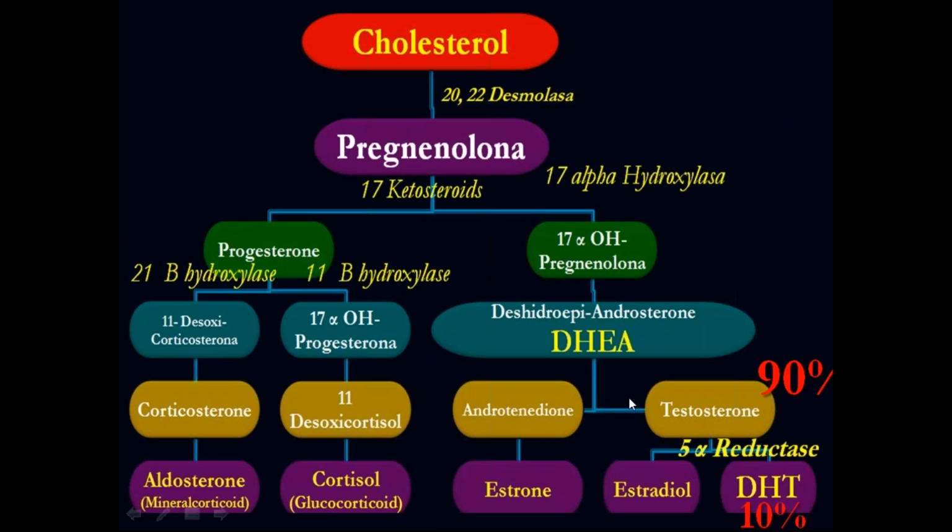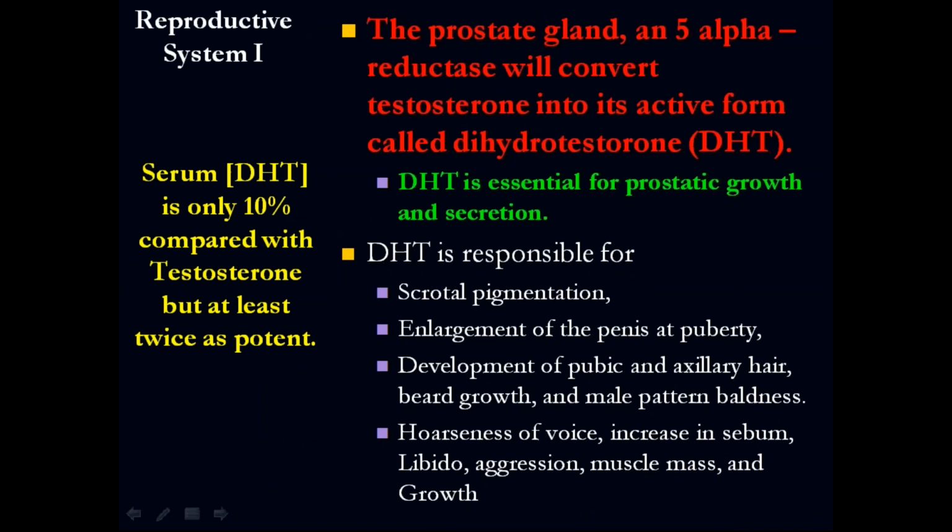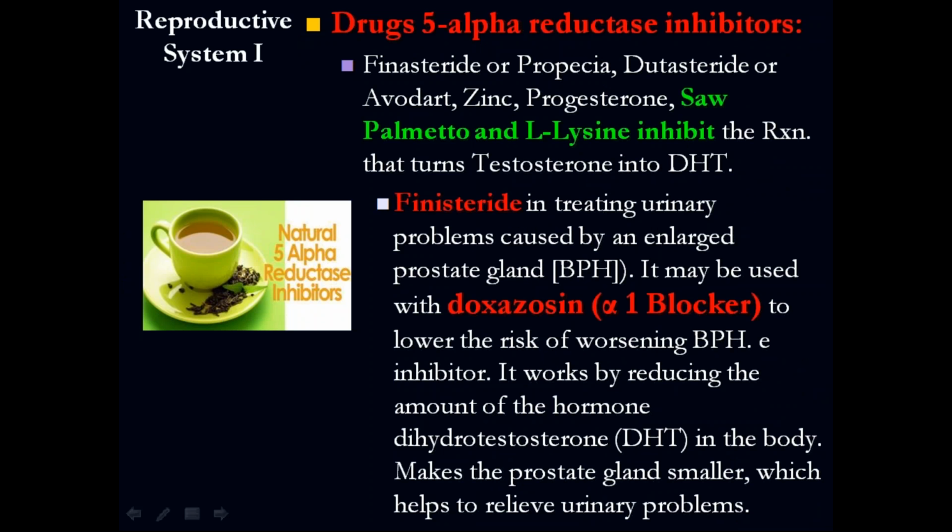If we go back here, this 5-alpha reductase is going to be inhibited, and we are going to decrease the levels of DHT. And you remember DHT is the strongest, the most potent androgen. That is used as treatment to decrease or slow down the increase in the size of the prostate.